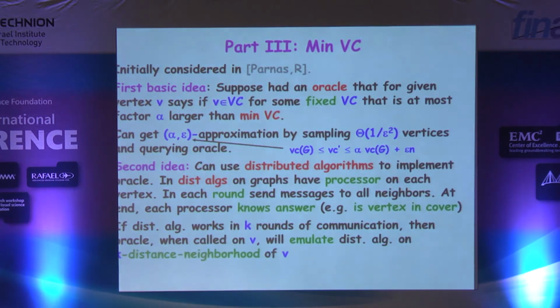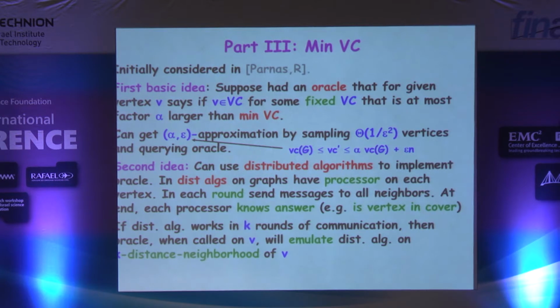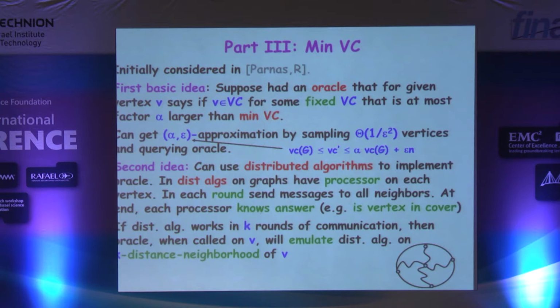That is the measure in distributed algorithms. Let's look at the center here: this is my vertex v, and I know that if I ran the distributed algorithm, after k rounds I would know the answer for myself. What does k rounds mean? In k rounds, I can get information only from vertices at distance at most k from me.